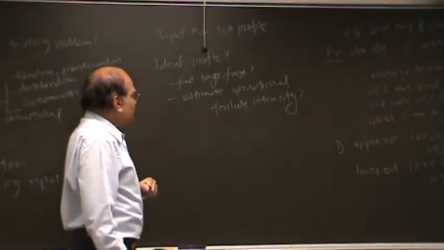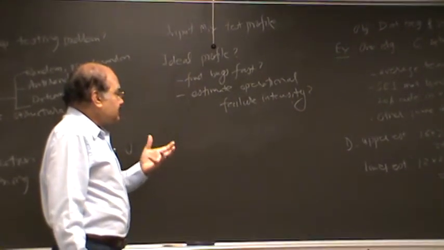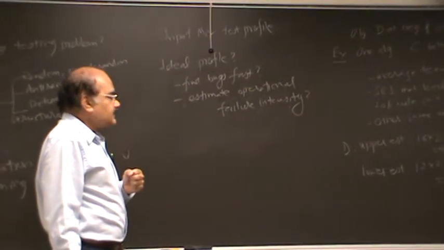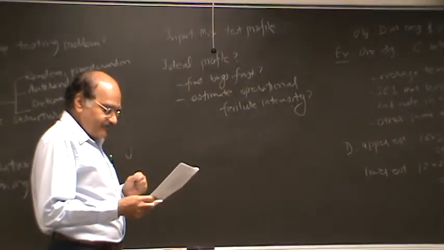Okay, so which one do you want? Do you want to find the bugs fast, or do you want to estimate what failure rate you will encounter during actual operation? Now, these are two different objectives.